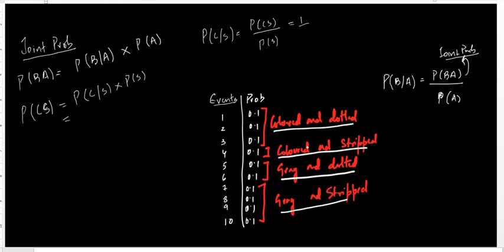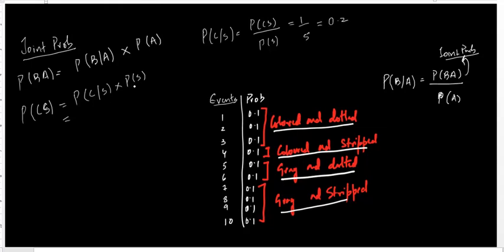How many striped balls do I have? I have 1 over here and 4 over here, so this is equal to 5. So the probability is going to be equal to 0.2.